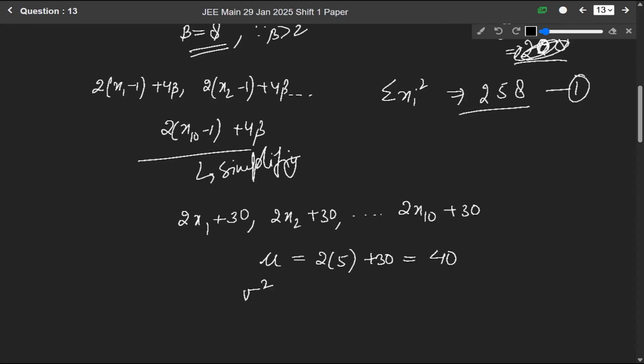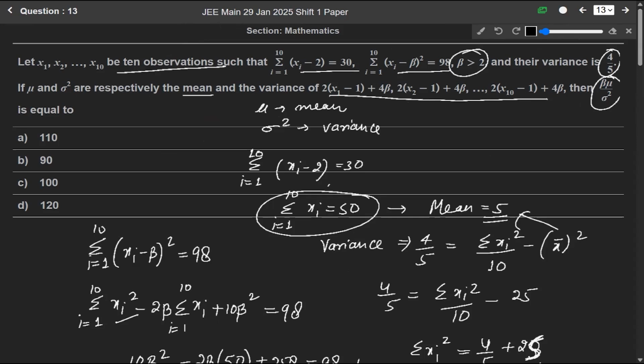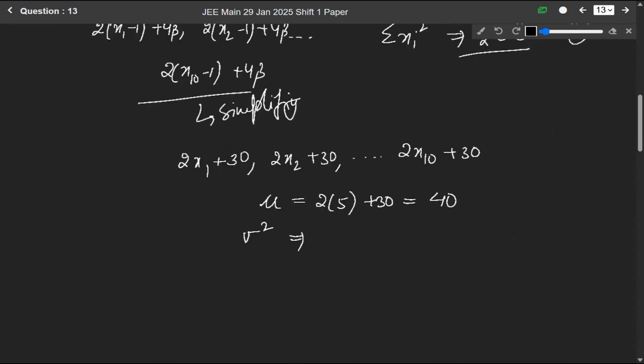And sigma square, variance, we are given as 4 over 5. So it will be sigma square equals 2 square into 4 over 5, so 16 over 5.